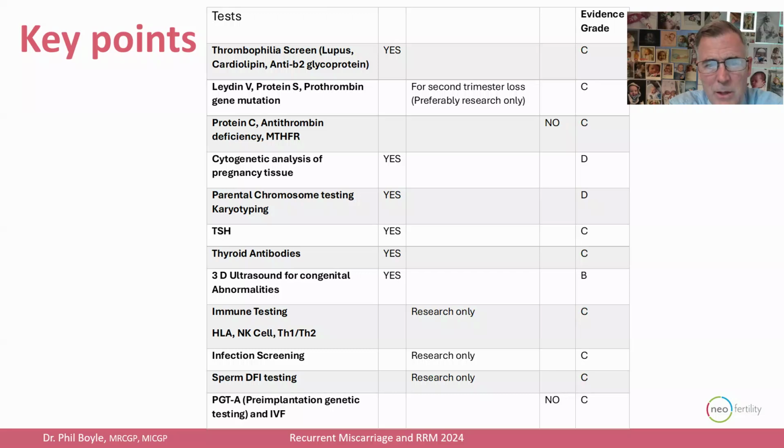Thyroid testing, absolutely agree with that, and thyroid antibodies. I liked to see the 3D ultrasound to look for congenital abnormalities, and the strongest level of evidence for that over and above anything else. And then what I don't like is where they recommend some of these things like immune testing, infection screening, and looking for DNA fragmentation index testing.